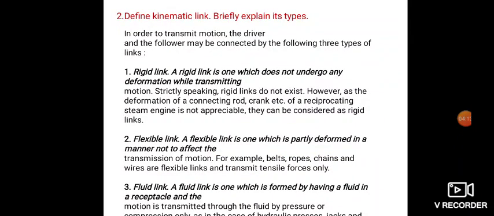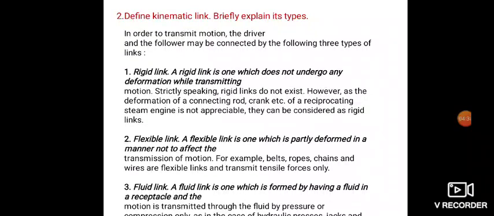Then second question: define kinematic link, briefly explain its types. In order to transmit the motion, the driver and follower may be connected by three types of links: rigid link, flexible link, and fluid link.